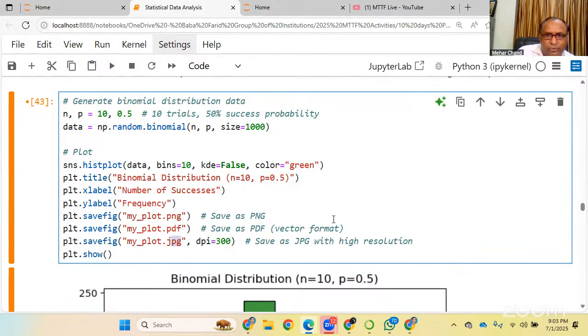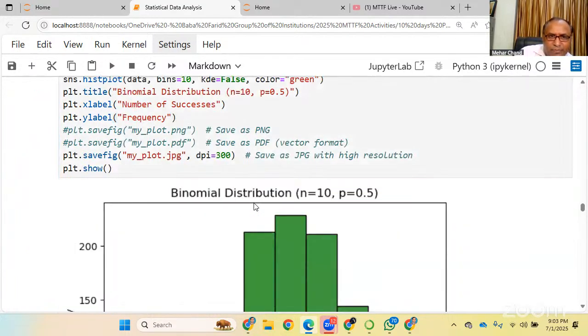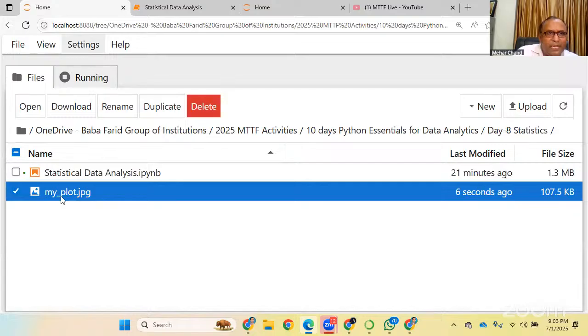So I comment this statement, and I comment this statement also. I want to save this image with the name myplot.jpg. When I execute with shift and enter, where can I check it? Yes, you can see this is myplot.jpg. The image is saved automatically in your current directory.